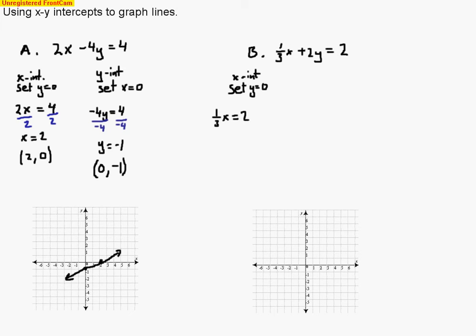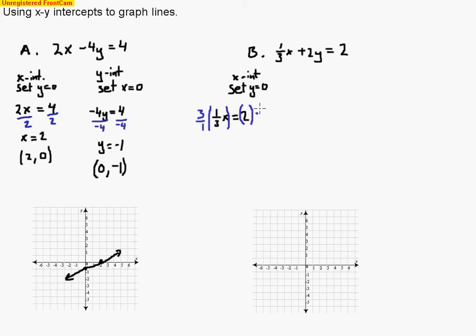Now, we've got ourselves a fraction. In order to cancel out a fraction, do you remember what to multiply by? It starts with an r. That's right, the reciprocal. So we're going to multiply by the reciprocal of 1/3, which is 3/1. Now remember, what we do to one side, we must always do the same to the other.